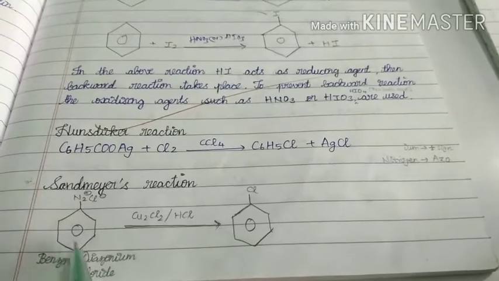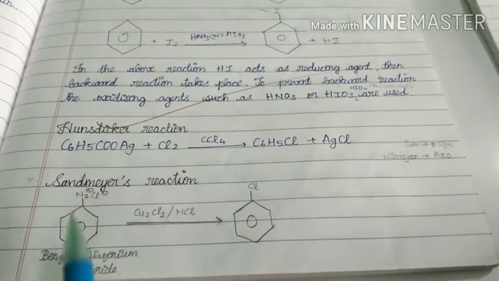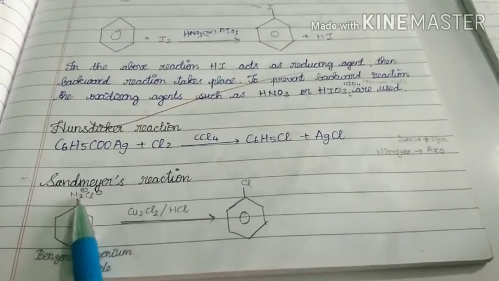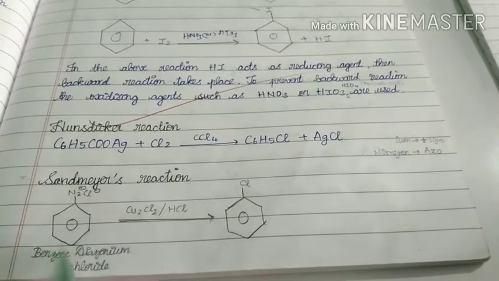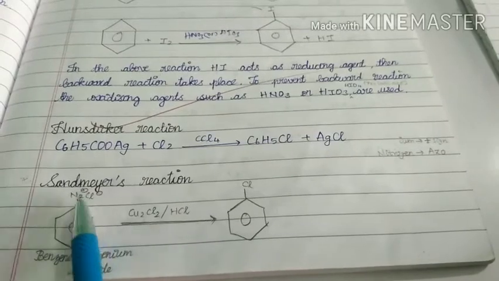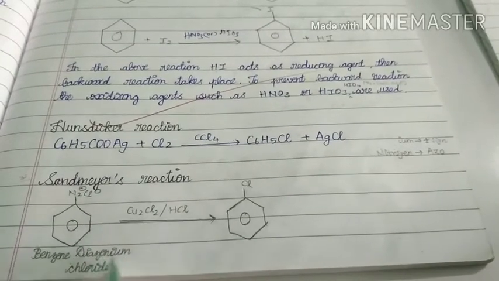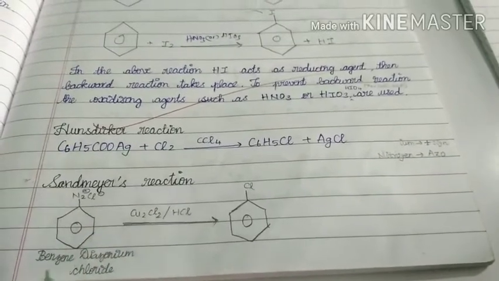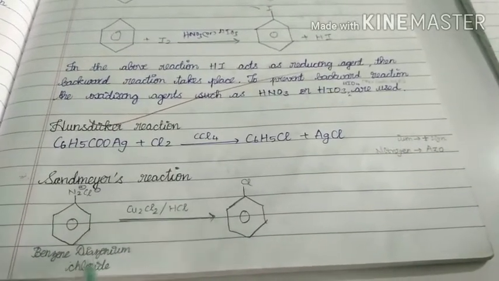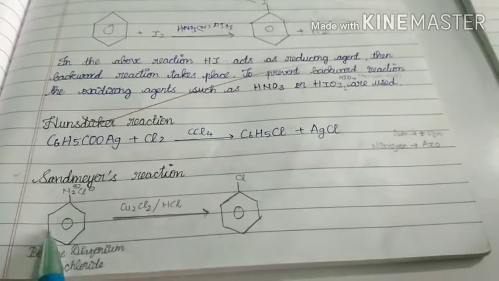Next, in this reaction, this is called benzene diazonium chloride. This is the benzene ring. This nitrogen is called azo. Here two nitrogens are present, so it is diazo. A positive symbol is there, that is ium, so it is said to be diazonium chloride. So this total compound is called benzene diazonium chloride.